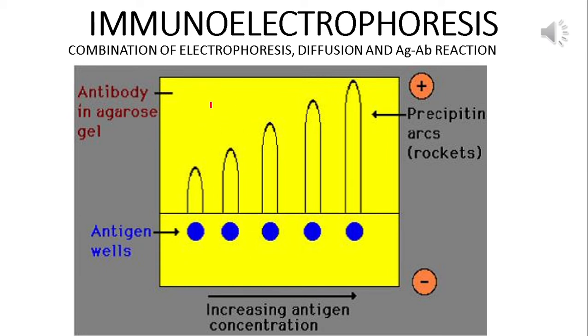If the biochemical sample we added really contains an antigen, then the antigens will react with the antibody, resulting in a precipitin arc. It is actually in the form of a rocket, so we call it precipitin arc rockets. As the size of this rocket increases, we can see that the concentration of the antigen also is increasing.